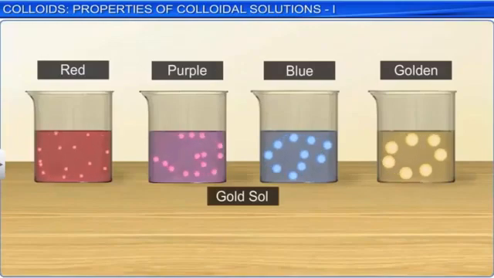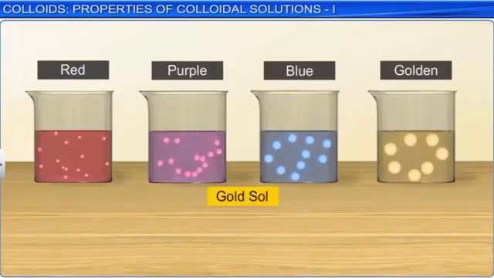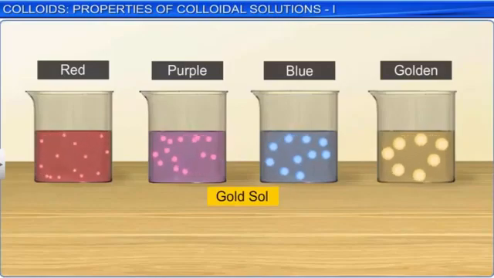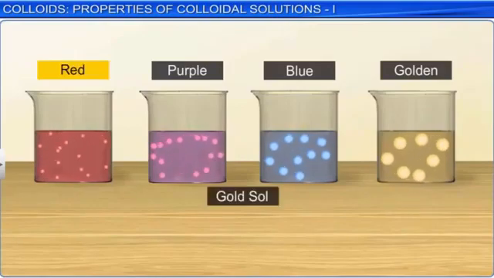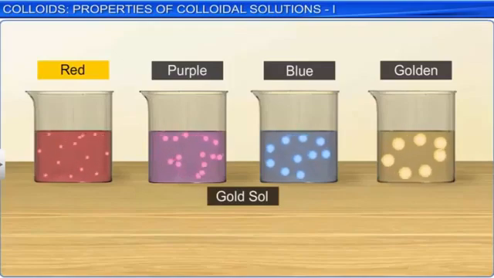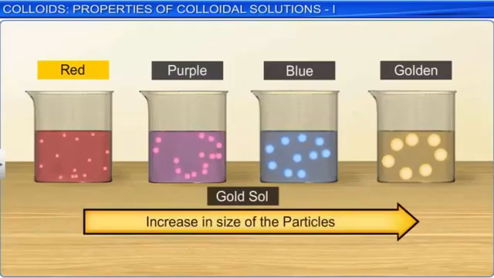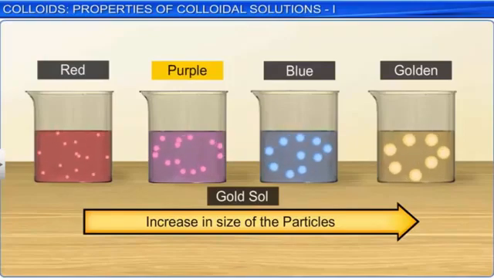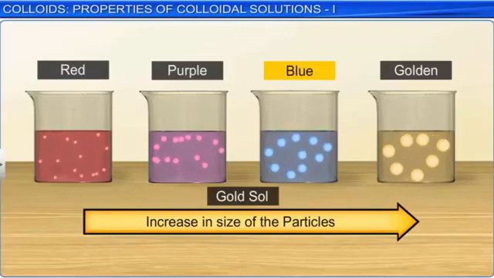For example, in a gold sol, if the particles are very fine, the sol is red in color. But when the size of the particles grow, the color changes to purple, then blue, and finally golden.